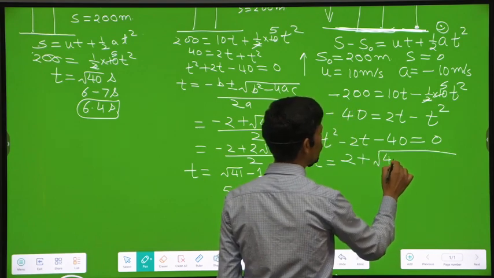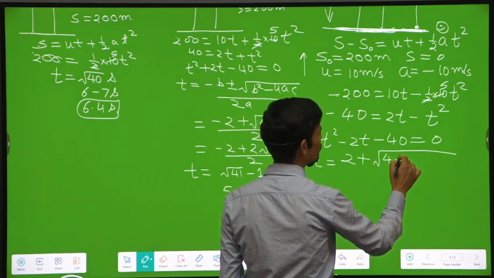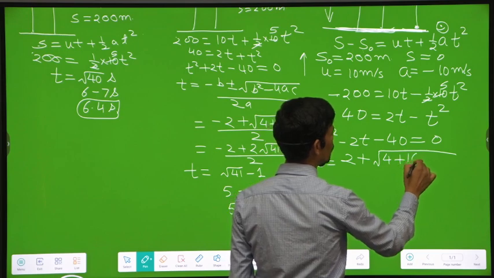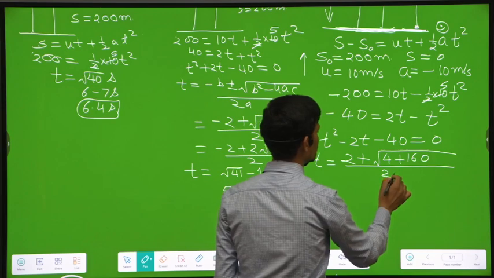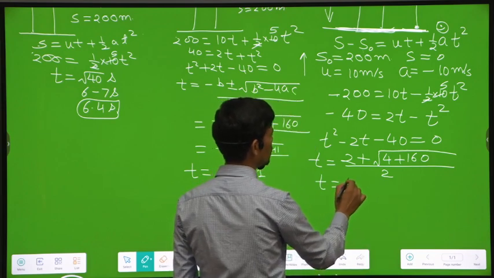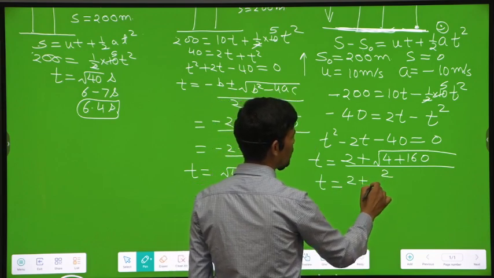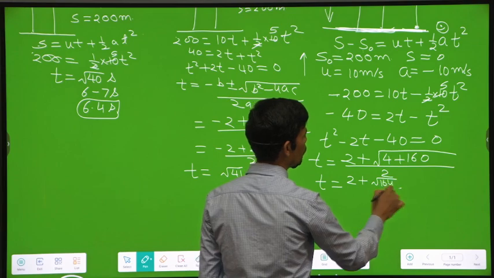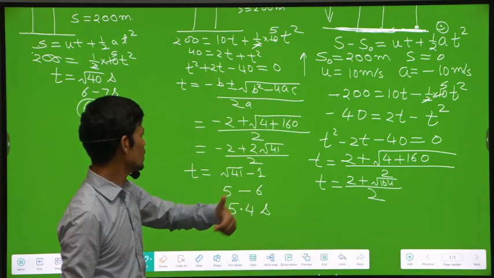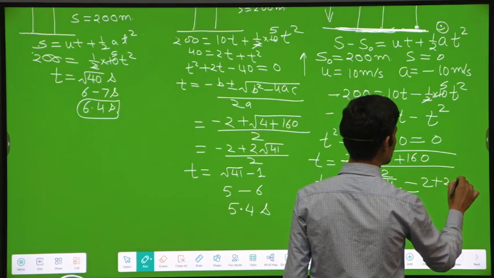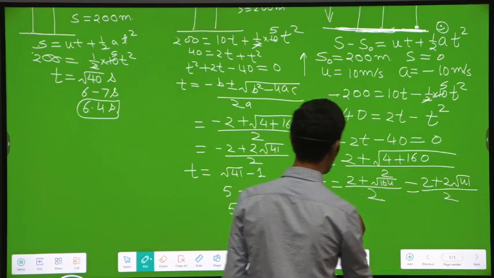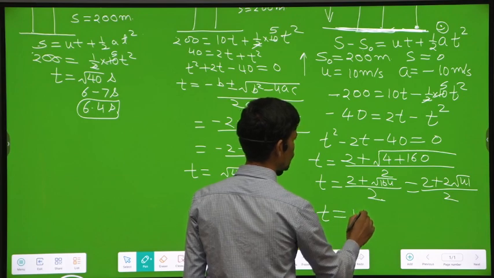B square 4 minus minus plus 160 divided by 2. So this time it is quite easy. It is 162, as we did here. That will be 2 plus 2 root 41 divided by 2. So finally t is 1 plus root 41.